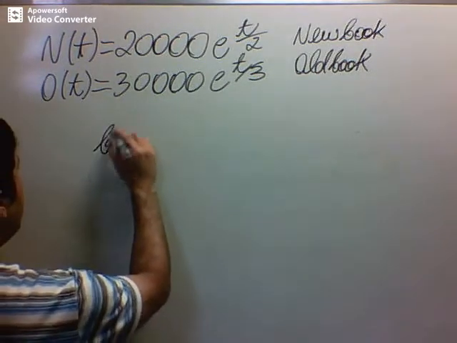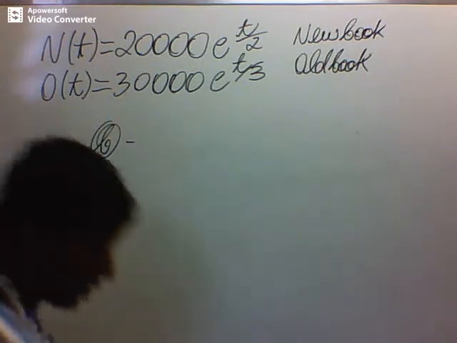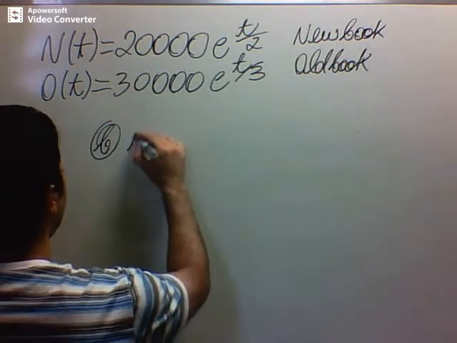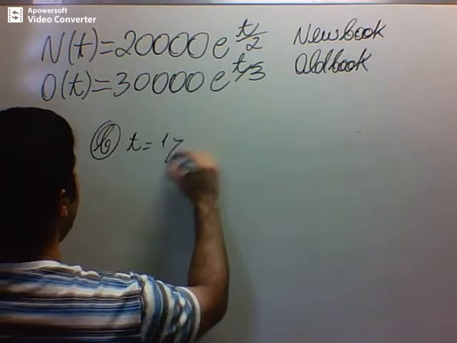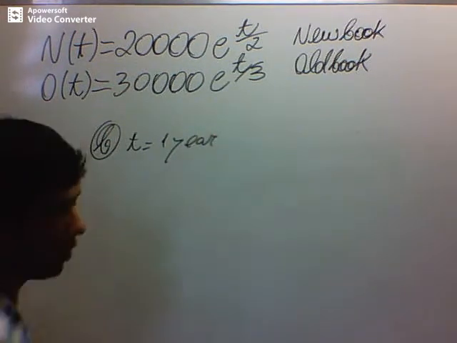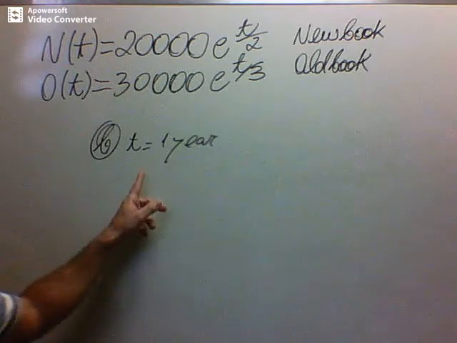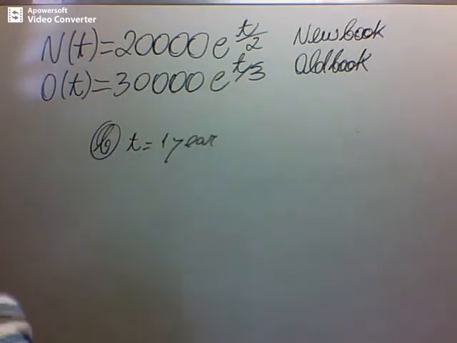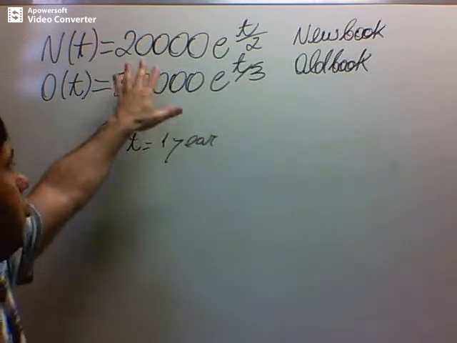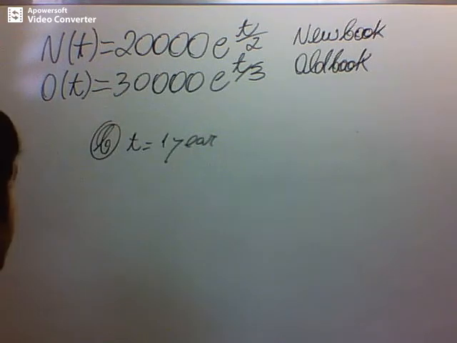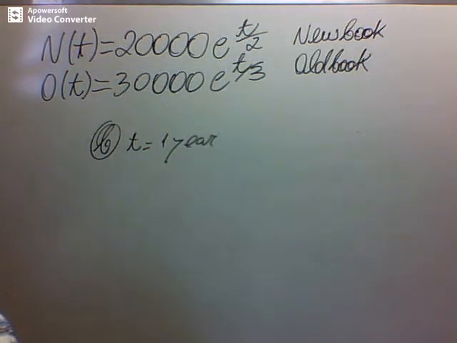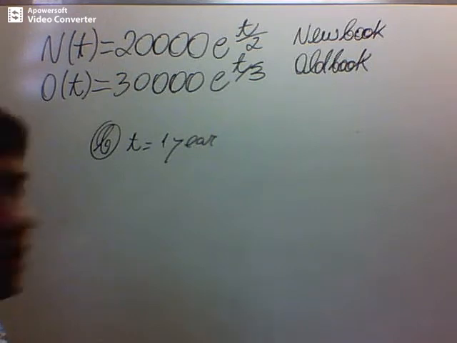I have letter B here, and I want time t after 1 year, t equal to 1 year. After 1 year, this number is going to increase. It's not going to be the same number, and what we need to do is simply put 1 in the place of t. Did you understand what I said?